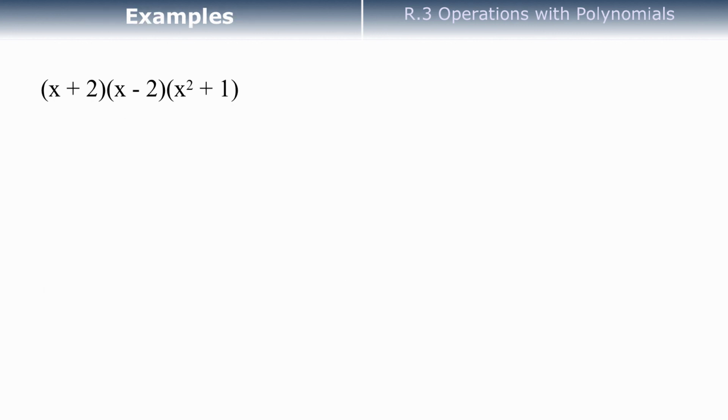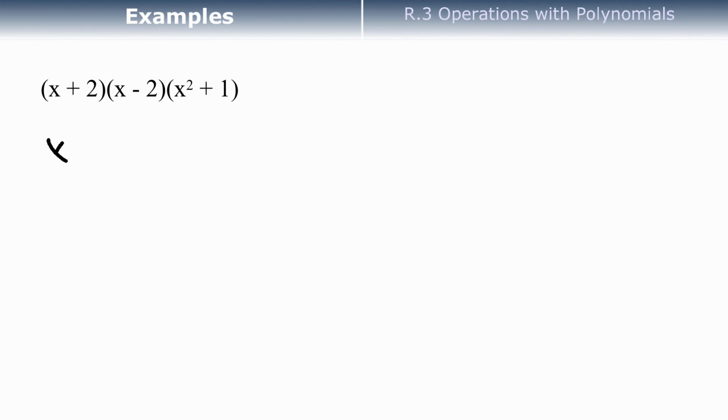Okay, just one last one. Here's one where we have to multiply a bunch of stuff together, just as a little practice thing. So I've got three binomials here that I have to multiply together. The easiest way is to multiply two of them together and then take the answer to that and multiply it by the last one. So I'll do that.